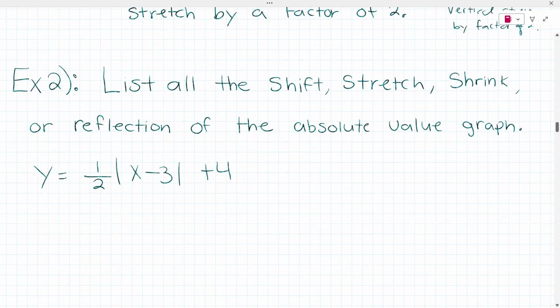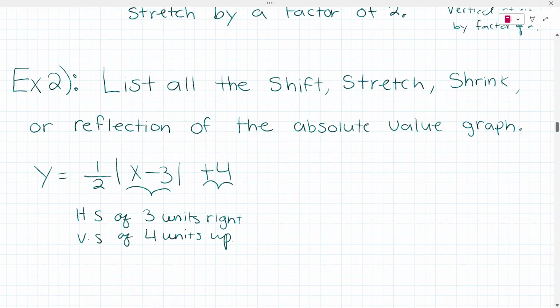This x minus 3 is inside the absolute value, so I know that is a horizontal shift, I'll abbreviate it as HS, of 3 units to the right. What about this +4? That's outside the absolute value, so that's how I know it's a vertical shift, 4 units up.